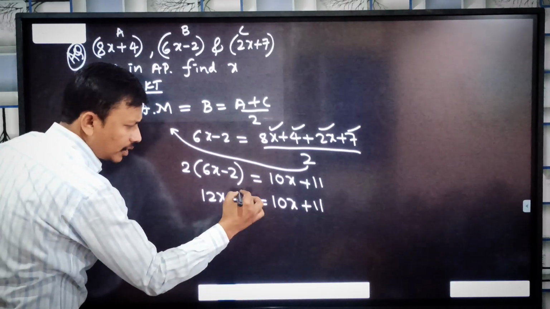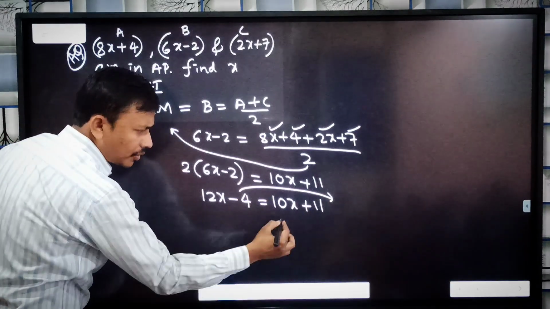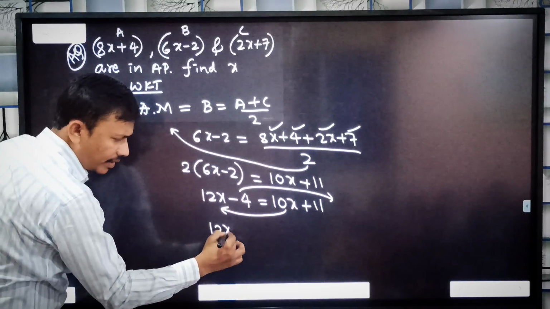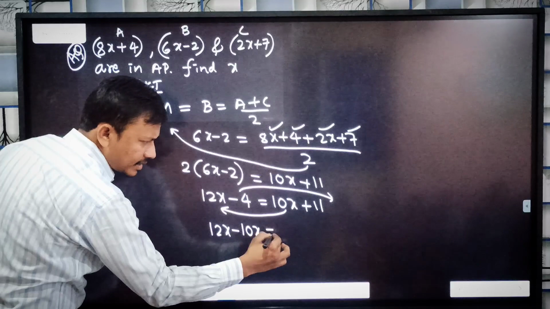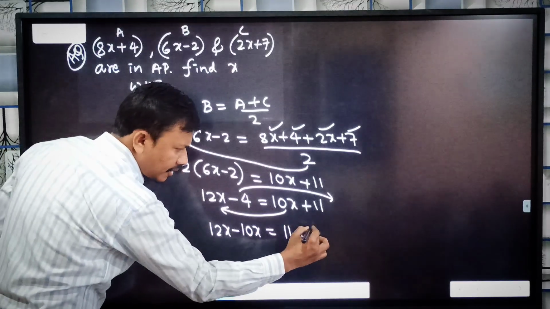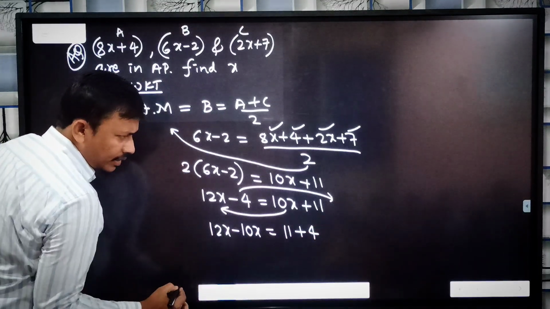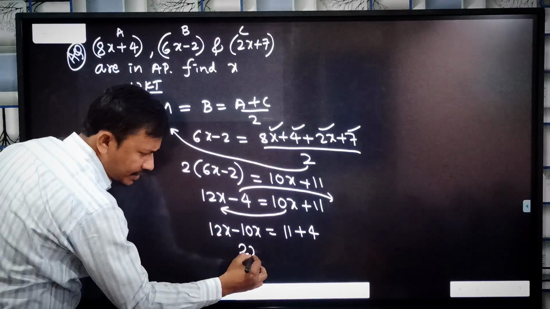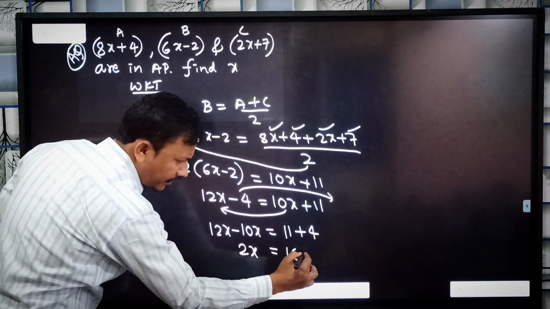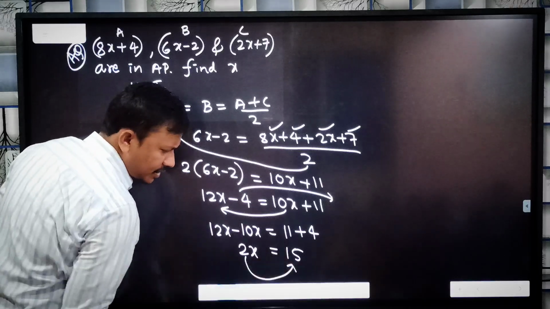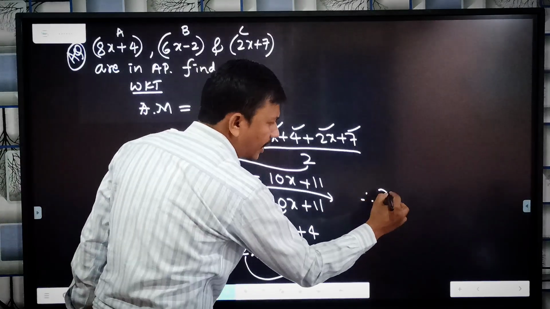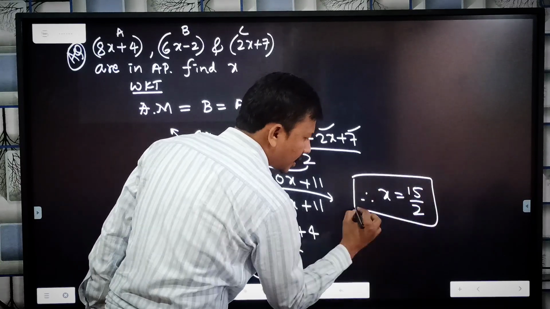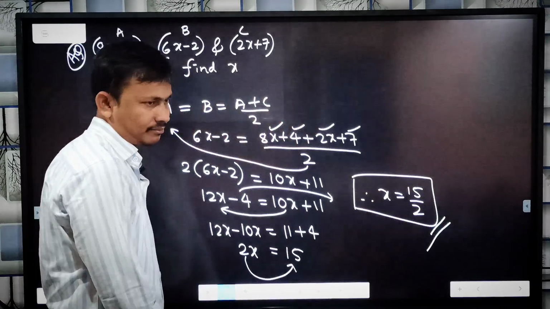Minus 4 will become plus 4, plus 10x will become minus 10x. 12x minus 10x is equal to 11 plus 4. 2x is equal to 15. 2 will become divided by. Therefore x is equal to 15 divided by 2. This is the required solution.